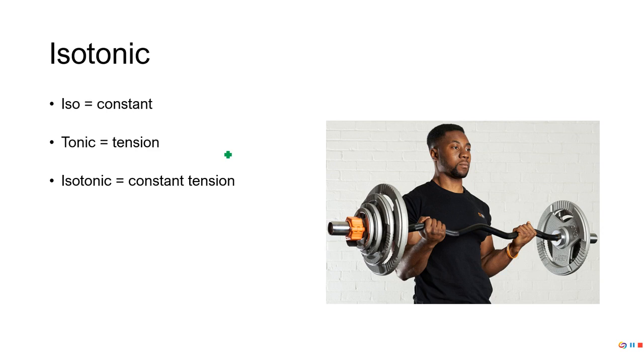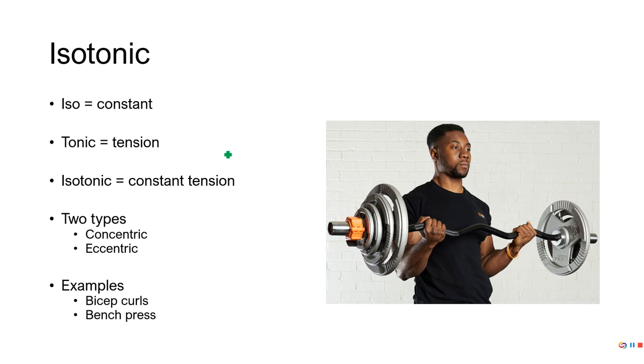Sorry about that little snafu there. There are two types of that, eccentric and concentric, and we're going to get into the specific differences between those two, although all of you probably already know that. An example of this would be a bicep curl or a bench press or something like that. Wherever you've got muscle moving, that's going to be an isotonic contraction.